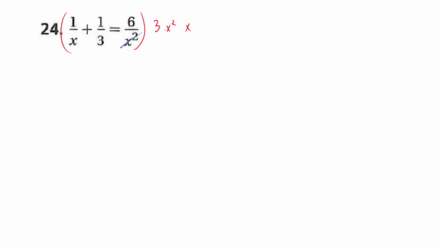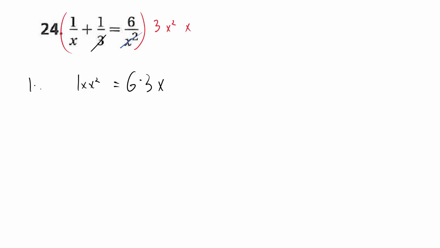So here, the thing that cancels out is the x squareds, but then the 3 and the x persist. So you get 6 times 3 times x. And then here, the 3 would cancel out with this 3, but the 1 still gets multiplied by the x and the x squared.